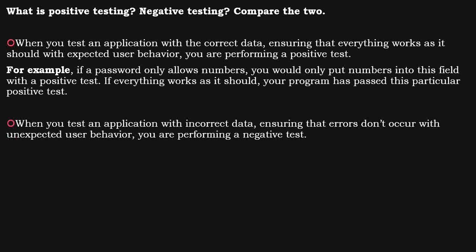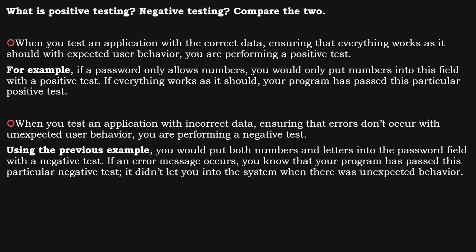Whereas, when you test an application with incorrect data, ensuring that errors don't occur with unexpected user behavior, you are performing a negative test. For example, using the previous example, you would put both numbers and letters into the password field with a negative test. If an error message occurs, you know that the program has passed this particular negative test. It didn't let you into the system when there is an unexpected behavior.